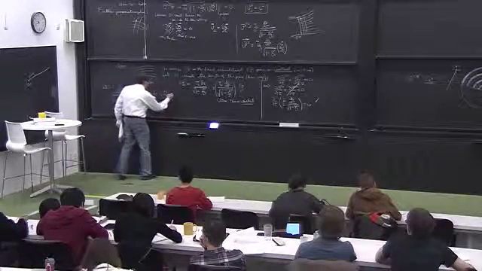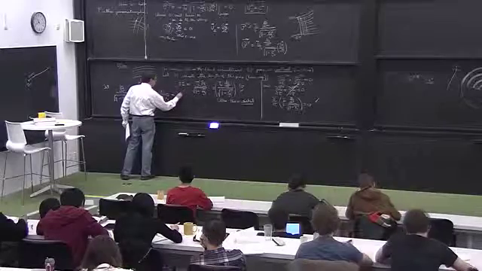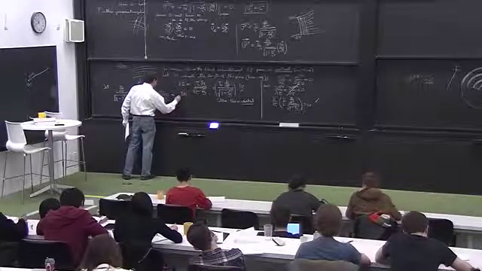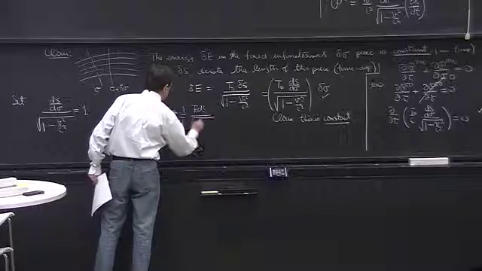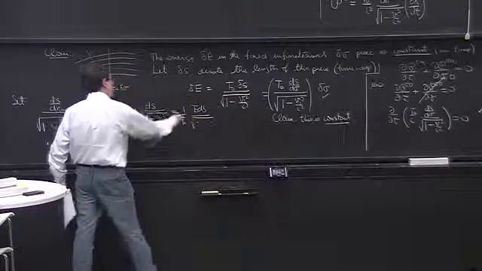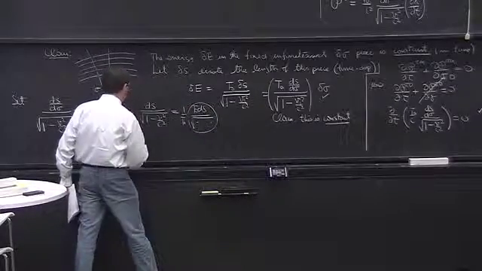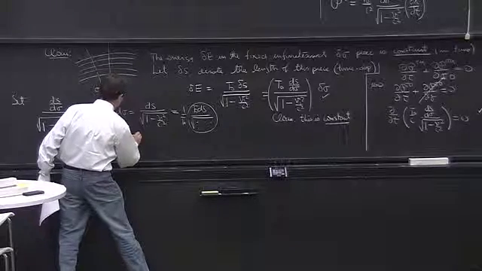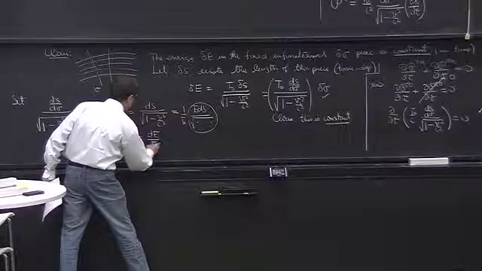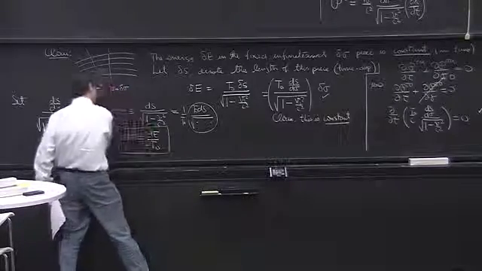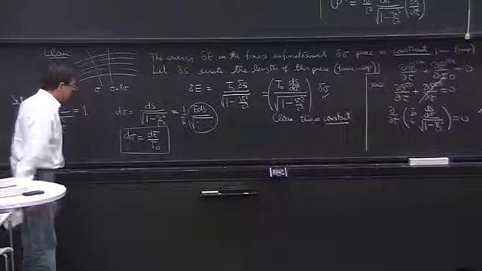We can do it a little nicer by putting a T naught ds and 1 over T naught and the same square root, in which case this is the little amount of energy. So d sigma is the energy over T naught. And this is probably something worth remembering.